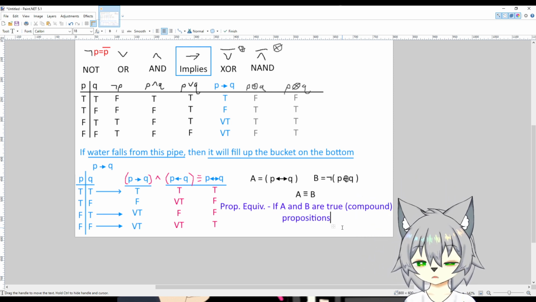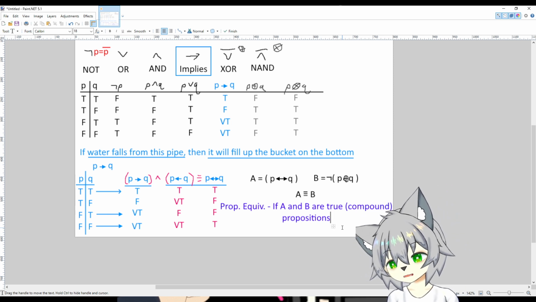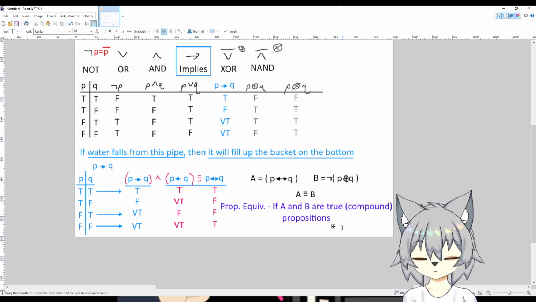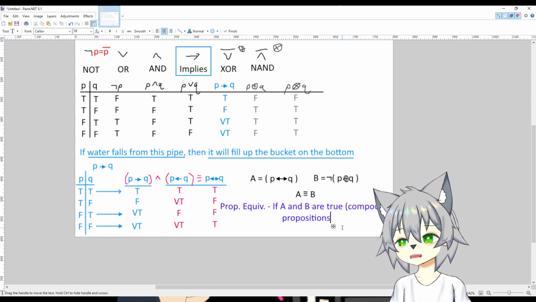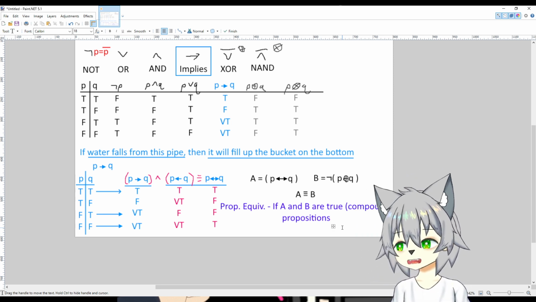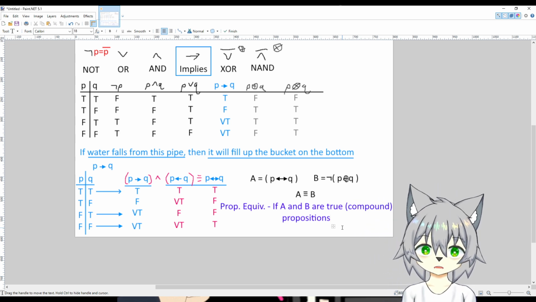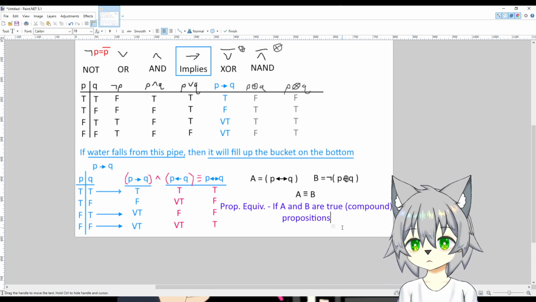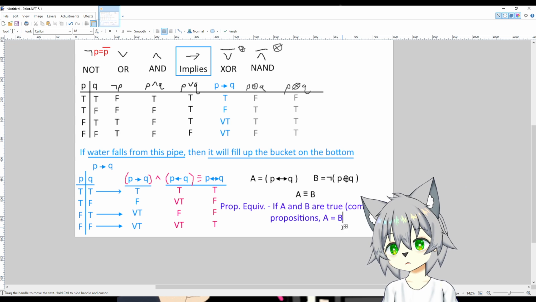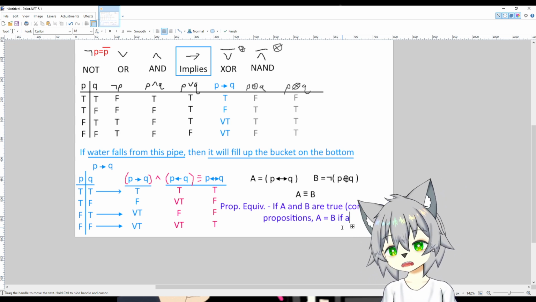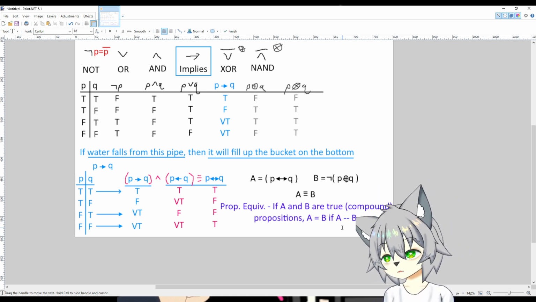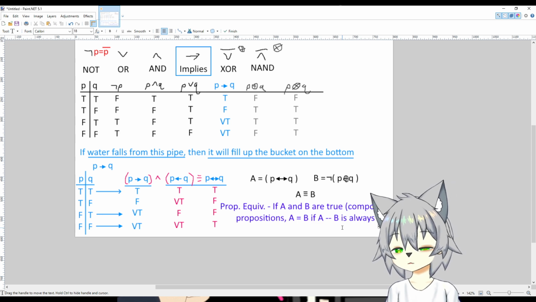I meant to say compound, but I didn't. It wasn't on the page with the other stuff beforehand. So you just got to hear me say a whole propositional statement, which is basically the same thing but less fancy, which hopefully made it easier to understand, not harder. But compound is the fancier, more proper way to say it. A equals B if A implies B is always true.